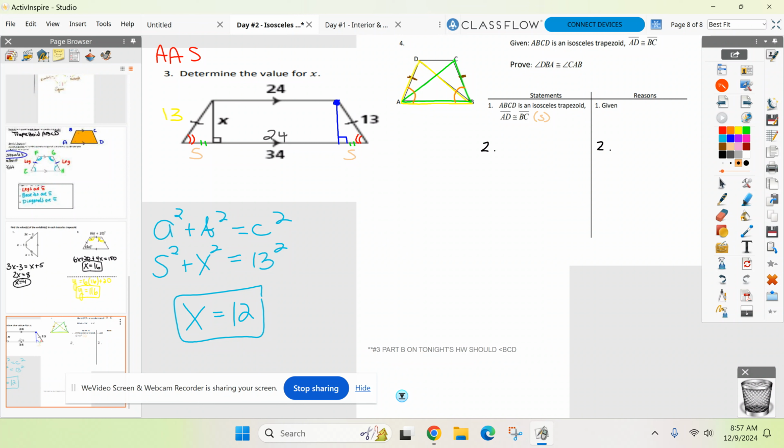What type of figure is this? And what's one of the main properties of an isosceles trapezoid that you're giving me right now? Look back at your properties. There's 3 of them, and you just gave me one. Base angles are congruent. That's what we're using.